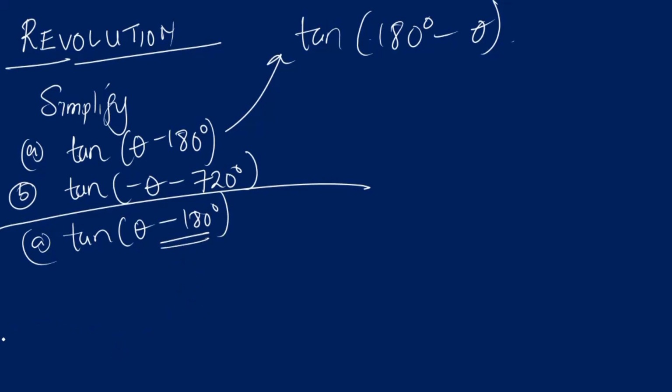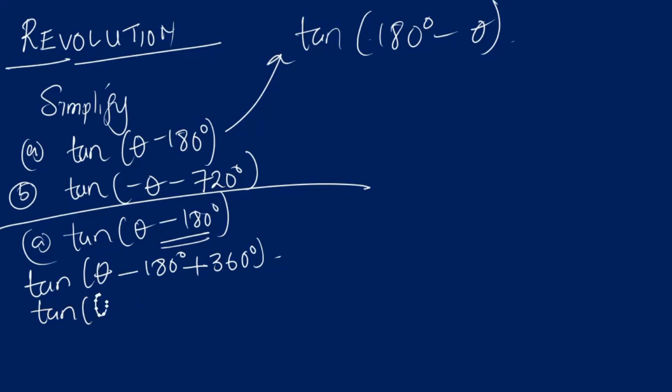So I'll keep on adding revolutions to this thing until it gets fixed. Here I have the tangent of theta minus 180 degrees. So I'll add a revolution there. How much is a revolution? 360 degrees, right? What is negative 180 plus positive 360? It's positive 180. Right, so now this is where I want it to be.